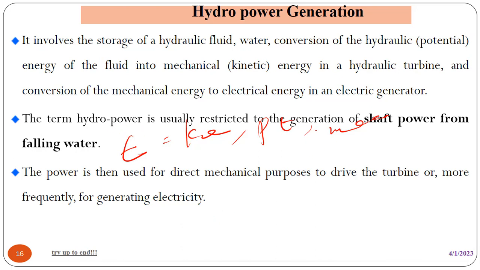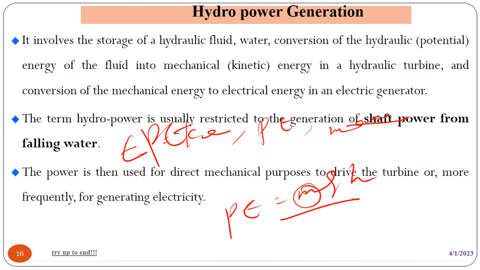Hydropower is usually restricted to the generation of shaft power. This potential energy is mgh, mass, gravity, and height. It's the height of the dam.